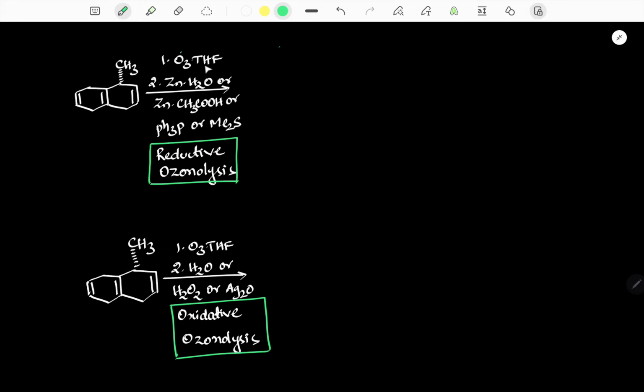When the triene is treated with ozone followed by zinc/H2O, zinc/acetic acid, triphenylphosphine, or dimethyl sulfide, it undergoes reductive ozonolysis. Here simply we have to dissociate the double bond and add oxygen at the corresponding places. So this portion we can write like this.